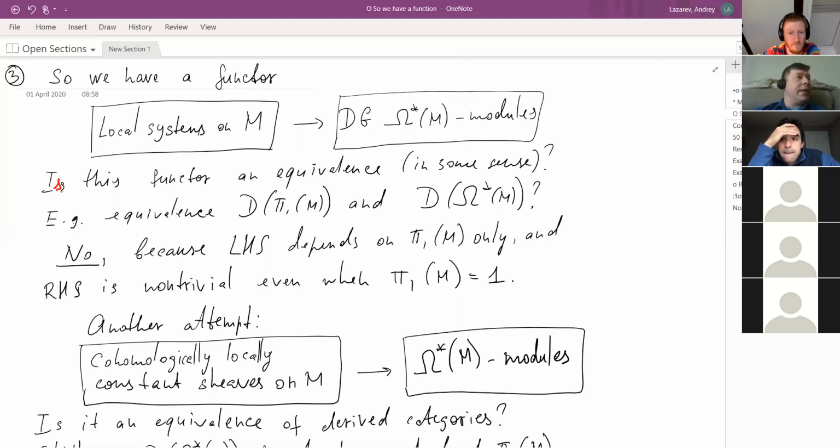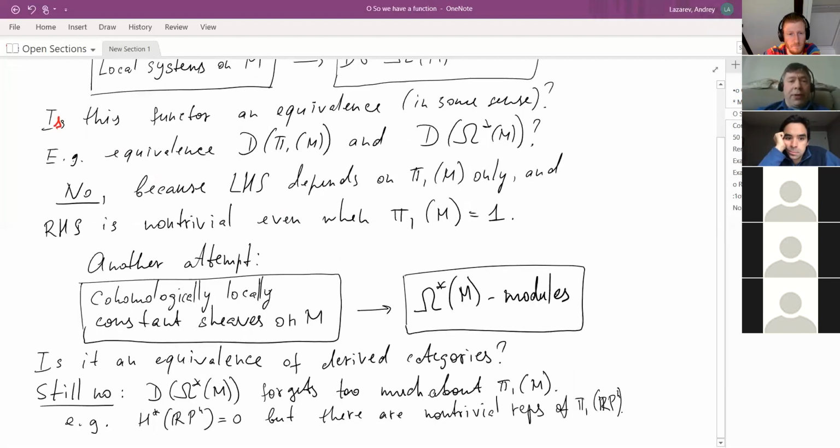So are these triangulated categories equivalent? Could this functor be extended to an equivalence of these categories? Well, it turns out that this is not true. Derived categories of the fundamental group and the derived category of the de Rham algebra are very much inequivalent.